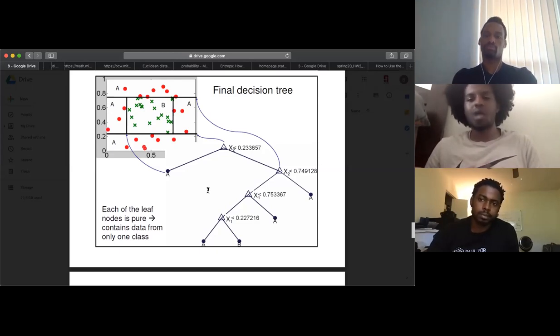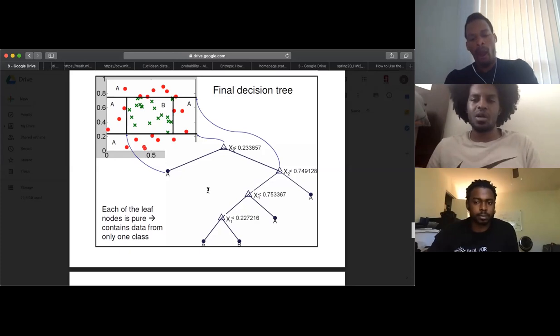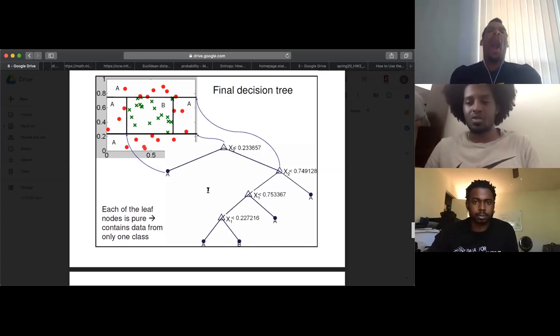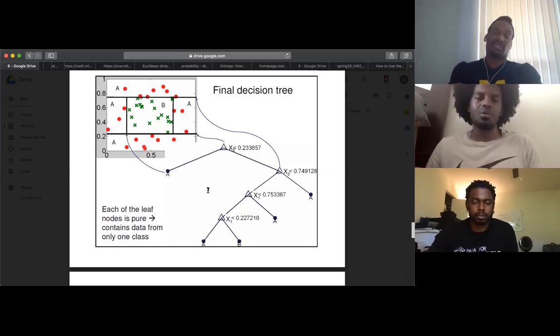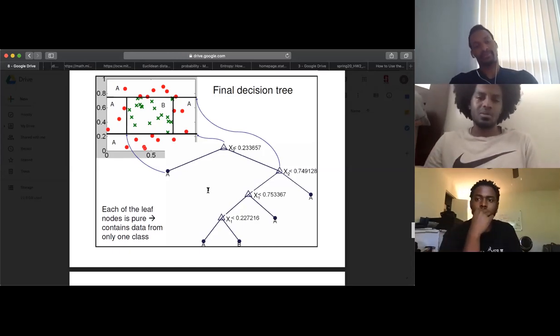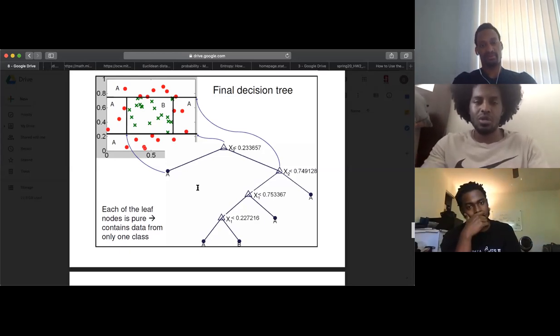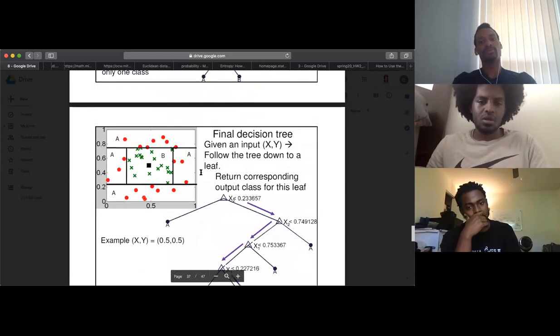Before doing this, I would have thought, okay, I picked x1 and it told me to split this way, so let me go split on x2 now to get more data. But it's just as frequent that you would want to split on the same variable multiple times, because you would actually gain more information as a result. So yeah, it's kind of cool.